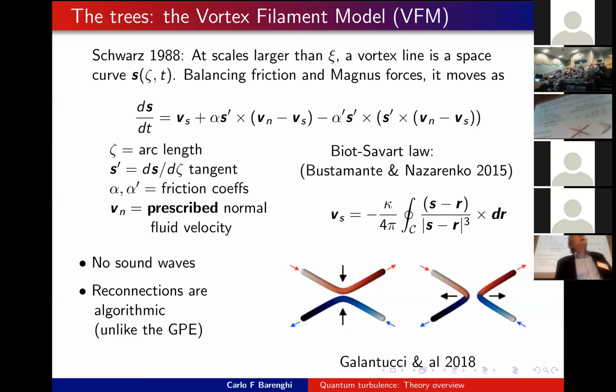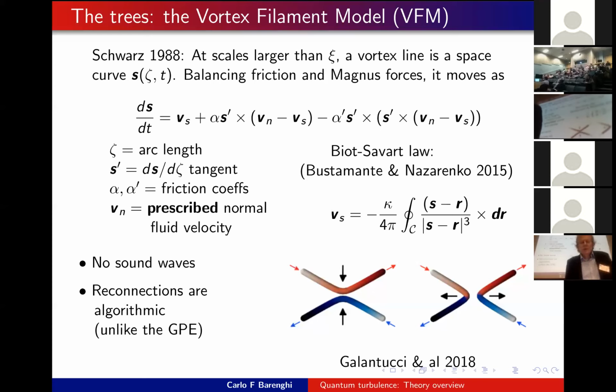That was actually quite an interesting point. It was remarked by Feynman before Schwarz that reconnections are important in the turbulence of these vortex lines, and Schwarz really found it the hard way, because without reconnections, he could not actually do anything with this equation. The lines would come close to each other and essentially tie themselves up in some kind of knots at higher and higher velocity without proceeding.